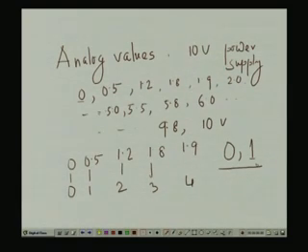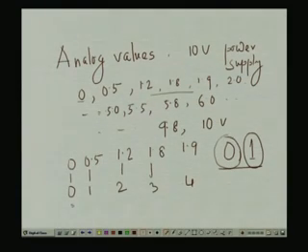So, all these analog values we are actually ignoring. What we are doing is, a range of values we logically represent by a 0, and another range of values we represent by 1.